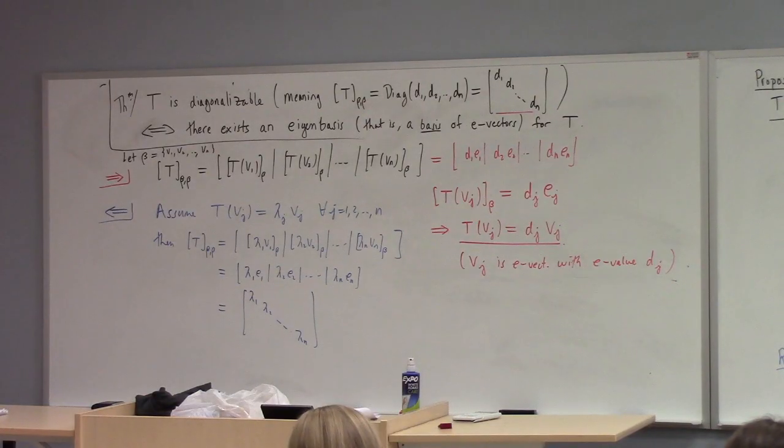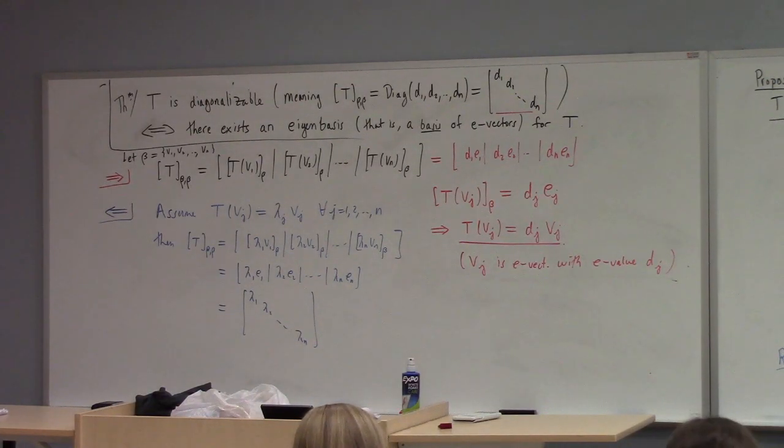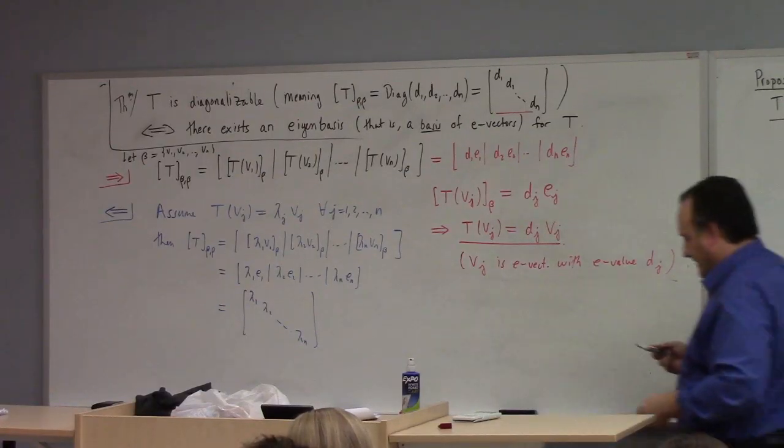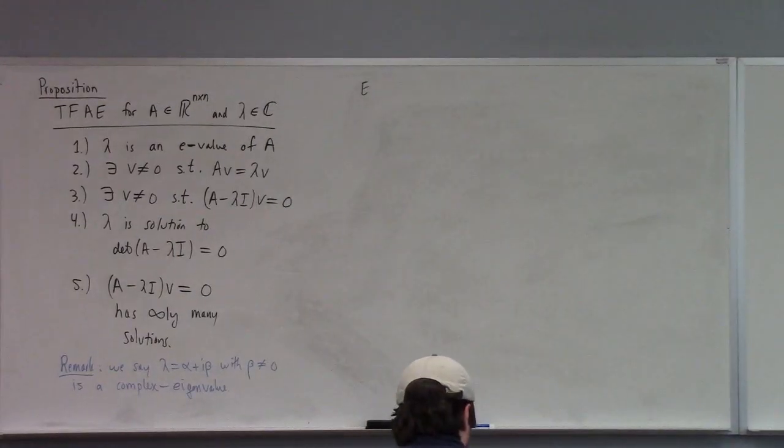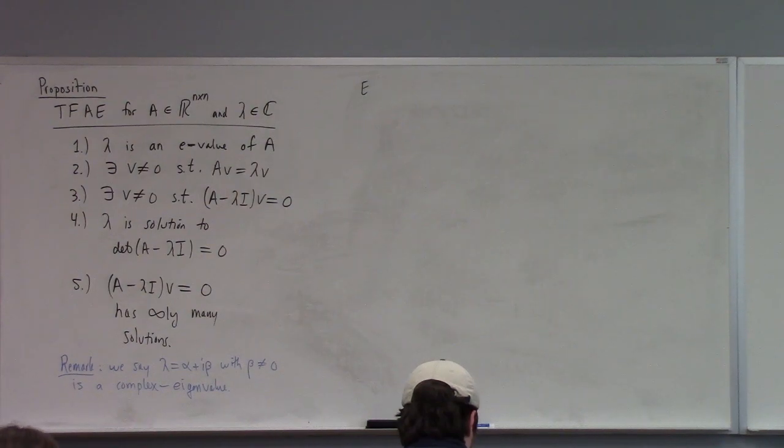Like, for example, what am I on, example 4? I can't remember. Do you guys know the formula for a rotation in 3 dimensions around the z-axis?